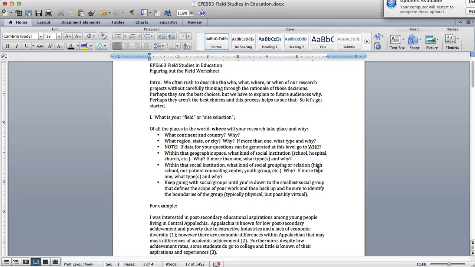Keep going with social groups until you're down to the smallest group. So you've pretty much answered all the, like if you were to start off with the description of the group, you would have to back up. So if I am talking to someone and they say, well, yeah, I'm going to interview teachers, I'm going to interview math teachers about how they introduce fractions.